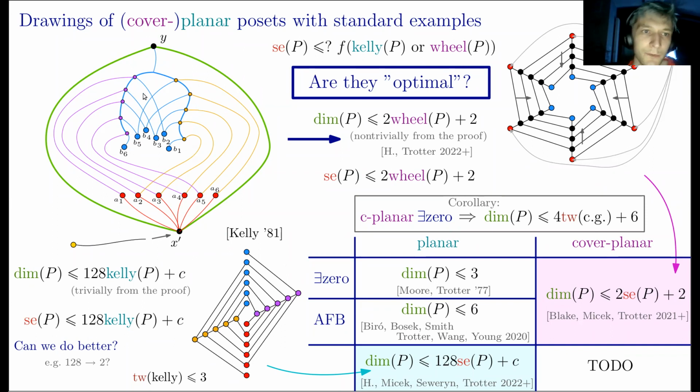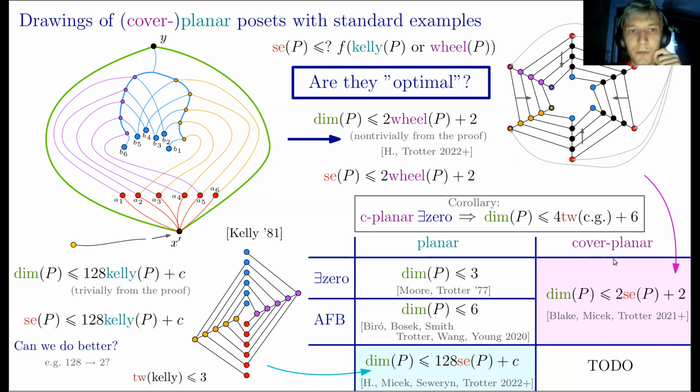These purples are these purples, these yellows are these yellows, and this is actually the same picture, if we forget about some transitive edges, so if we consider transitive edges instead of covers. And in the case of the wheel, it's a little bit more subtle. This is the purple chain, and this is the yellow chain, and then you can carefully check that this is exactly the same. So this picture is very nice because it captures a wheel and Kelly.